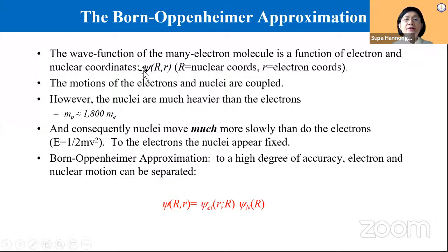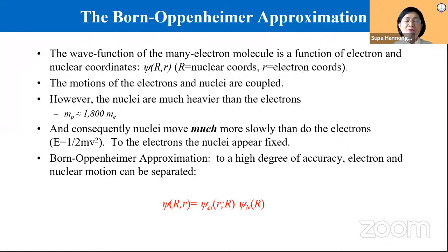So in this case, we have a wave function which depends on the coordinates of the nuclei and on the coordinates of the electron, which we represent by big R for nuclei and small r for electron.